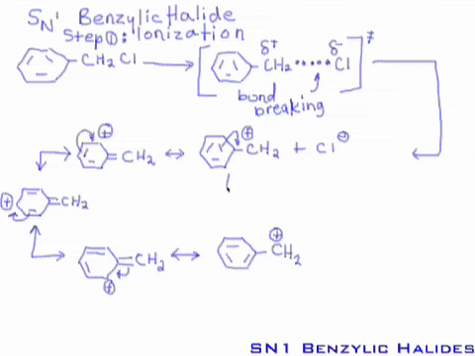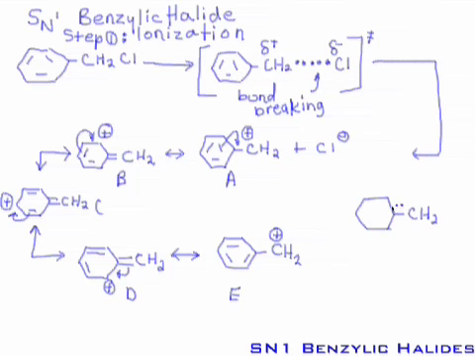Note that if I label structures A, B, C, D, and E, none of them exist. What exists is a combination of A, B, C, D, and E. What is called the resonance hybrid. What would that look like? Resonance hybrid would look like this. You see, Lewis structures demand that bonds exist between atoms.